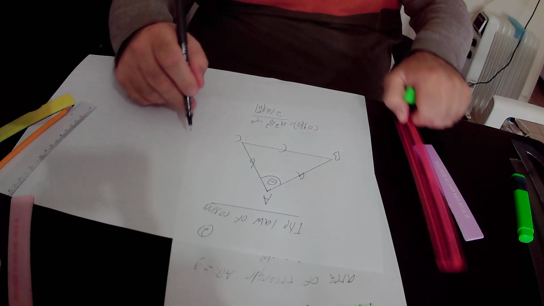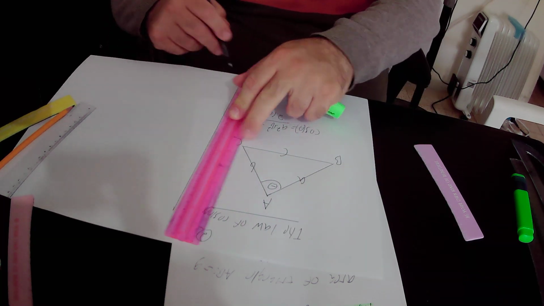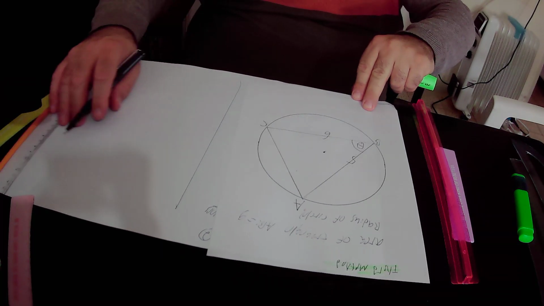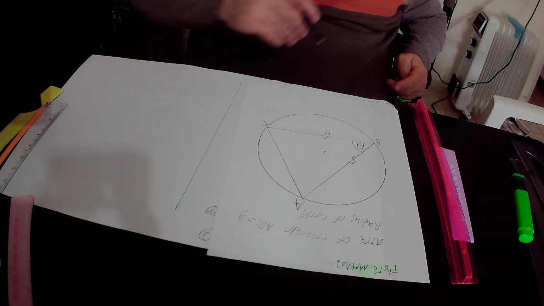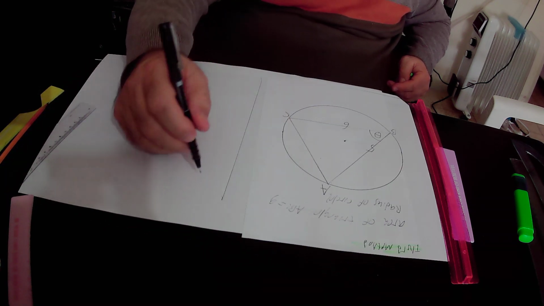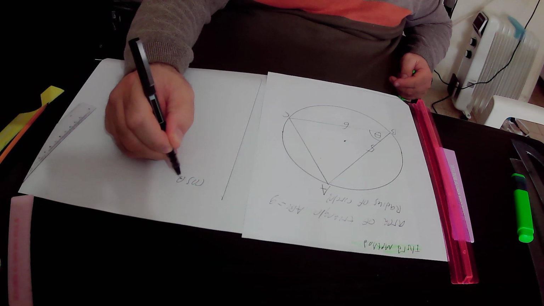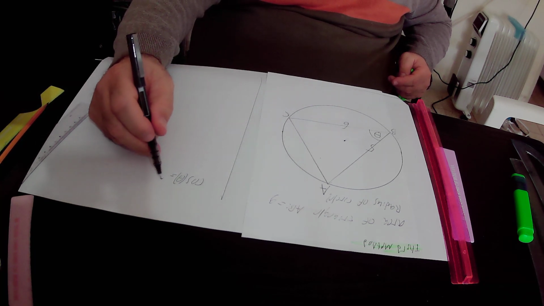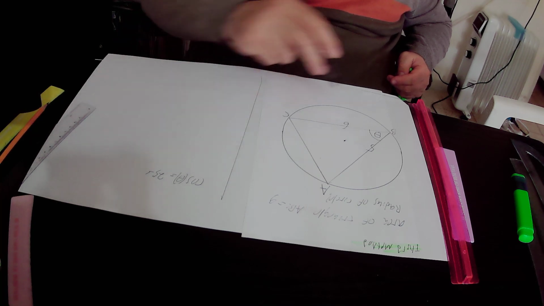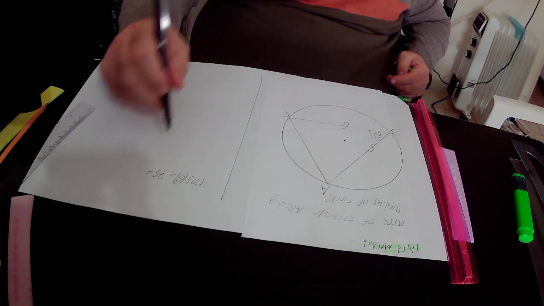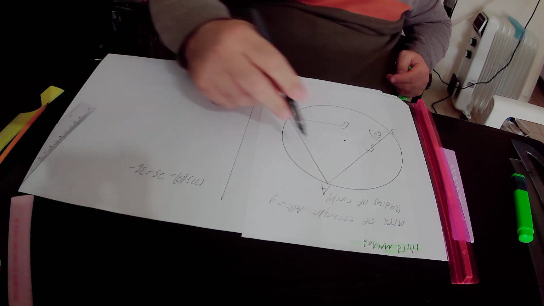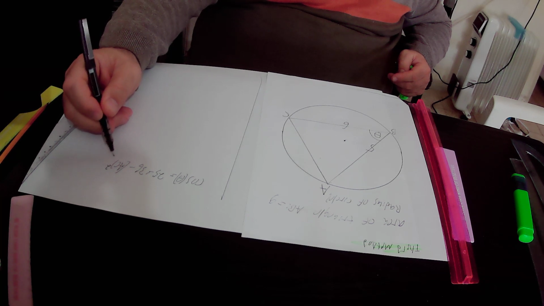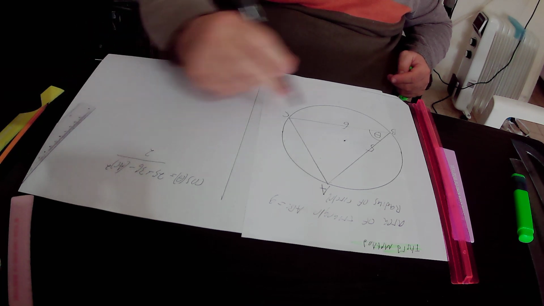So we apply the law of cosines in our triangle ABC. Here cosine theta will be equal to AB squared, that is 5 squared, 25, plus BC squared, BC is 6, so 36, minus AC squared, the missing side, over 2 times 5 times 6.